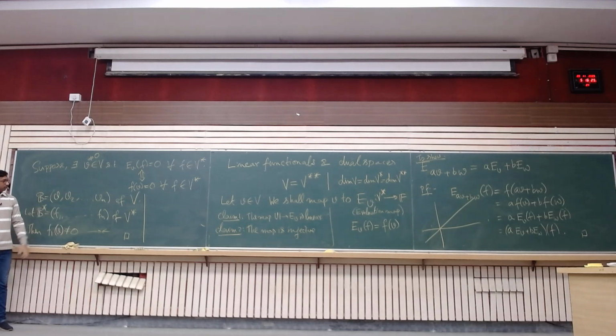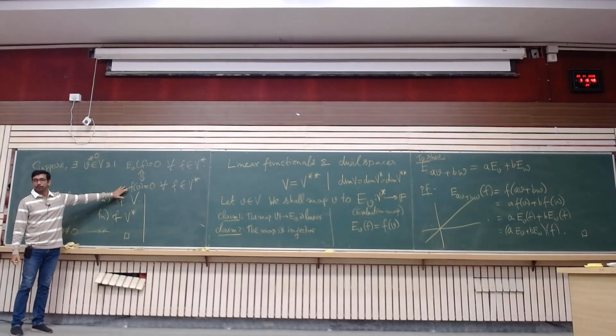Suppose we want V2 to Vn, then we take the dual basis, F1 to Fn, and you know that the dual basis takes the corresponding elements to 1 and everything else to 0. So in particular, F1 of V is equal to 1, which is not equal to 0, and that contradicts the assumption that F of V is equal to 0.